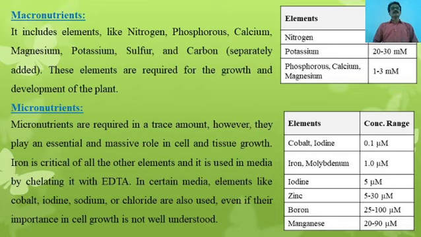These are the major macronutrients. In potassium you can take 20 to 30 millimolar. Phosphorus, calcium and magnesium should be in the range of 1 to 3 millimolar.